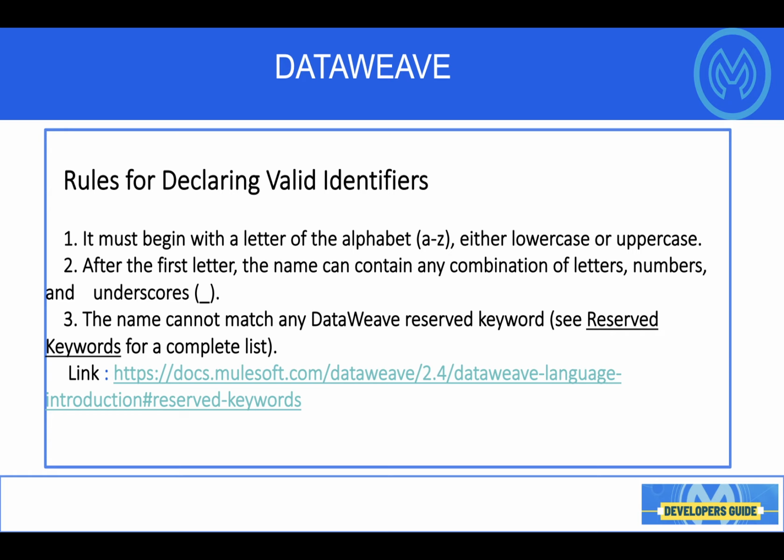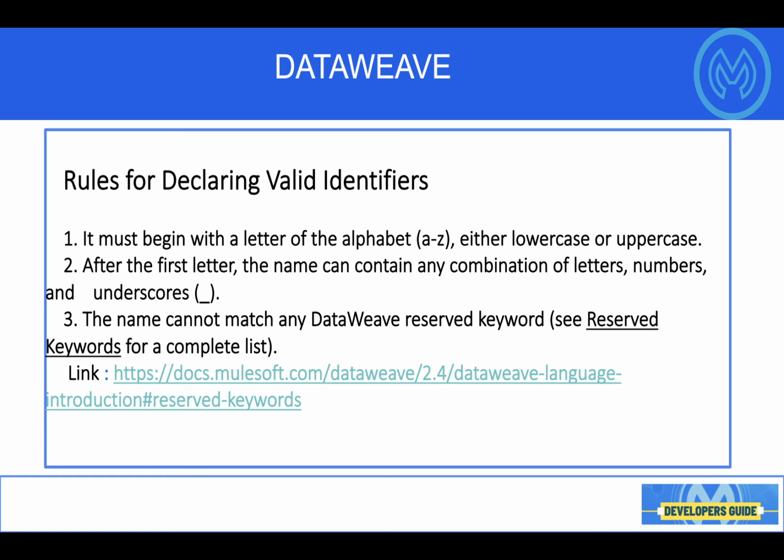Whenever we are discussing DataWeave variables, functions, or whatever new things we are defining there, we must follow some rule or pattern. It's not that you can define any name for a variable or function.